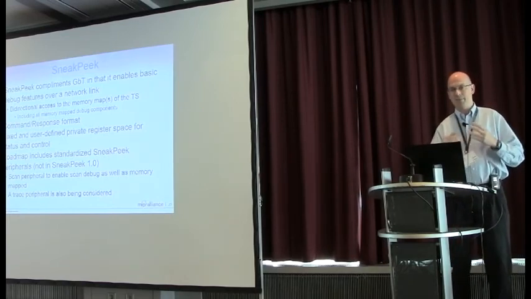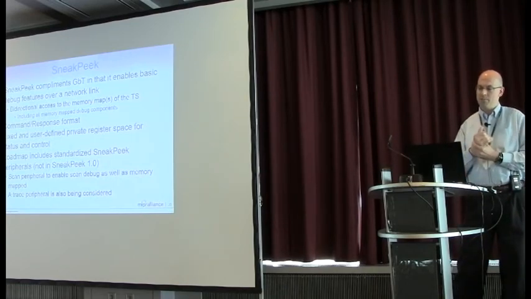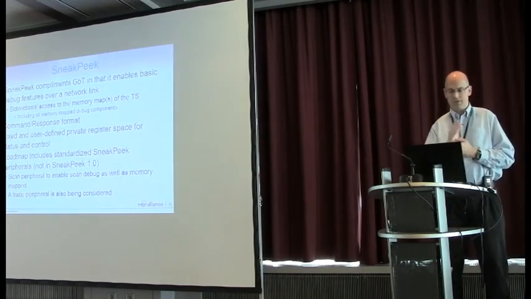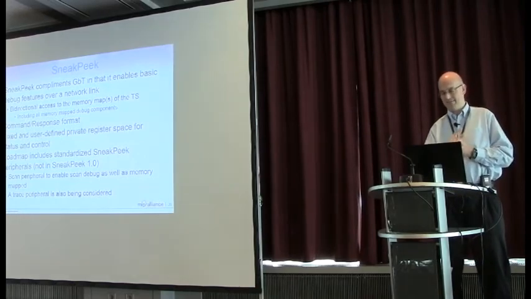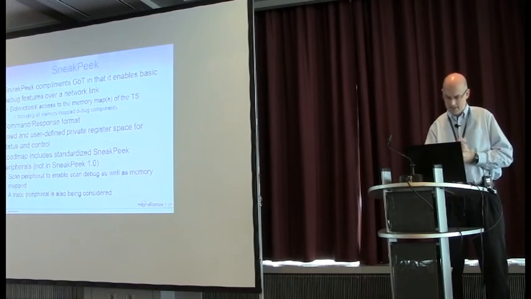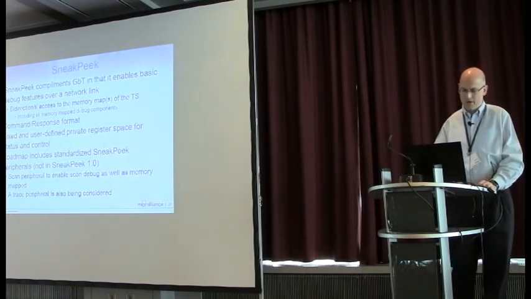So we need a mapping that allows us to use those memory accesses to touch the scan-based elements within the target system, and that's what the scan peripheral will do. We're also considering a trace peripheral that may or may not look like Gigabit Trace. If it really is just Gigabit Trace, then this will go away. There are still some discussions in the work group about what trace within the context of SneakPeek means.